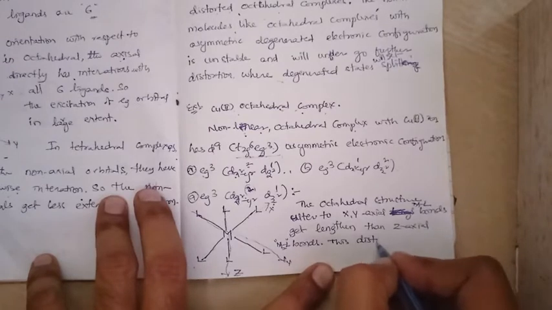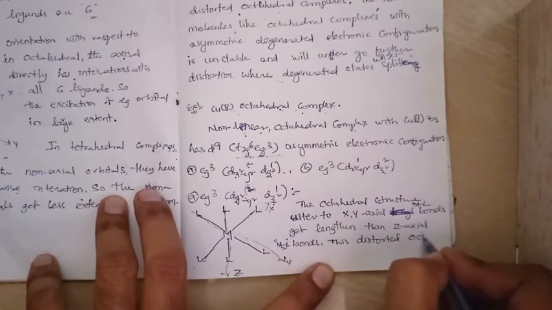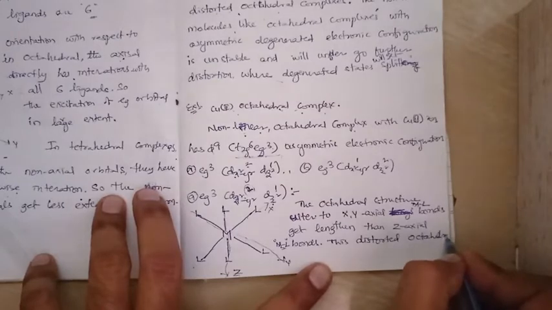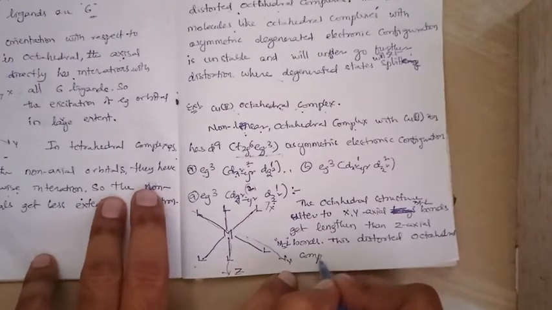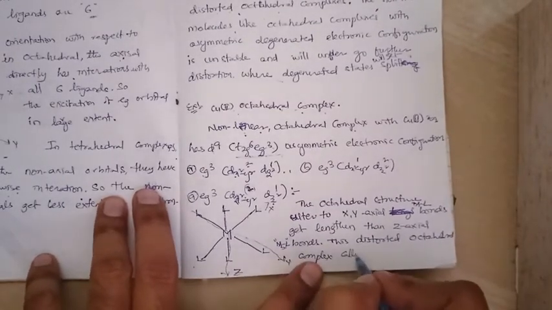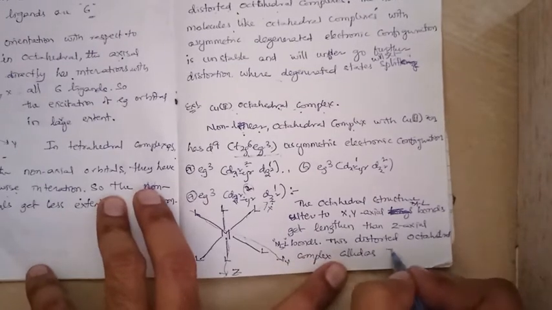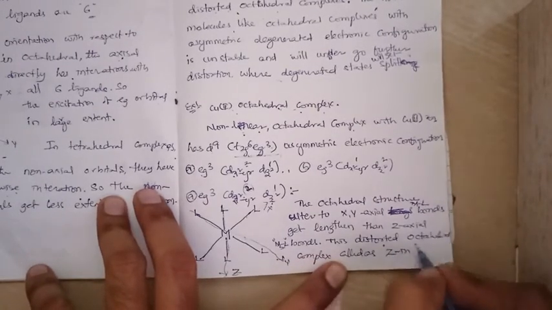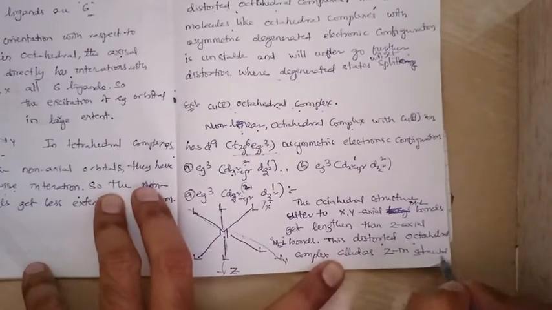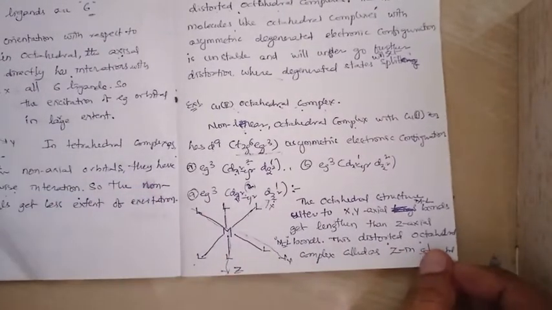This distorted octahedral complex is called a Jahn-Teller structure, Jahn-Teller octahedral or Jahn-Teller structure. For this Jahn-Teller structure, we have to give the splitting pattern.